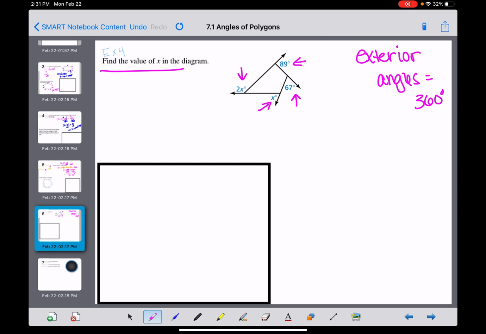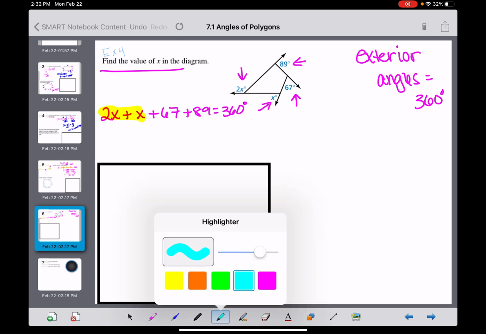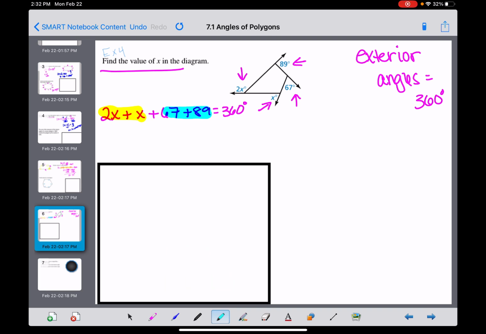So in this case, we have 2x plus 67 plus 89 is equal to that exterior sum of always 360. Combining like terms, I do have 3x when I add x and 2x.